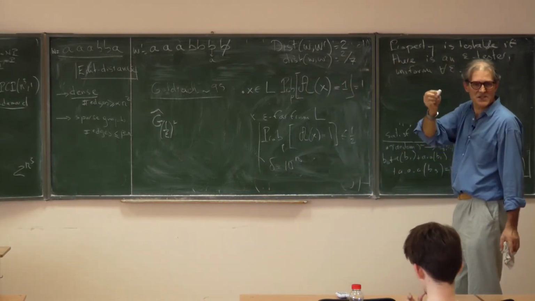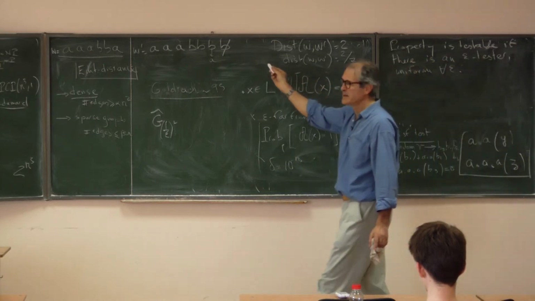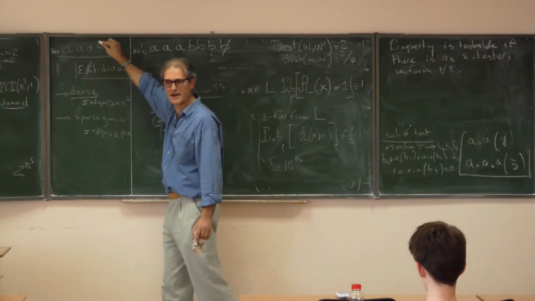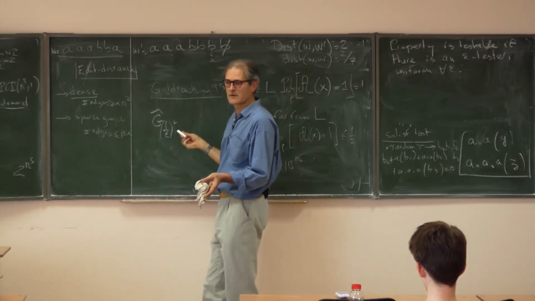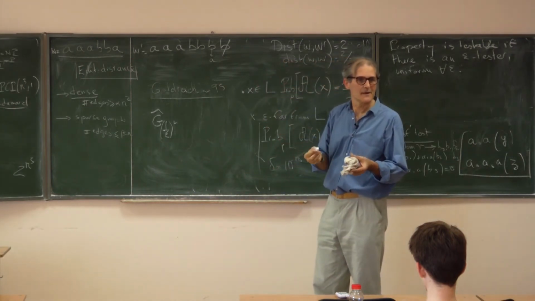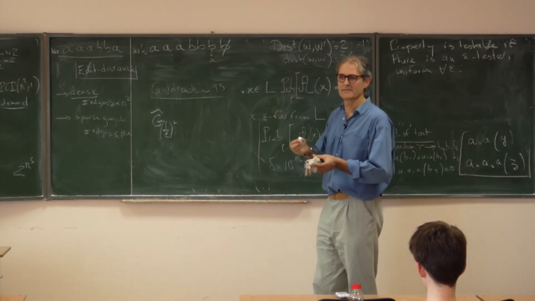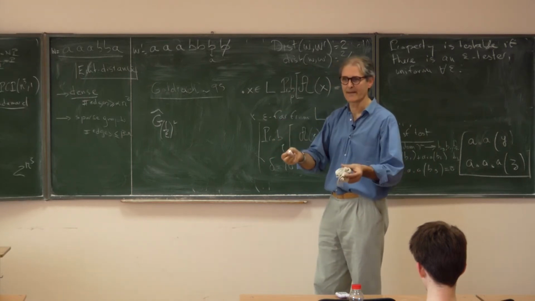The advantage of the edit distance is that you can compare words that don't have the same length. Usually people compare this distance to Hamming distance. The classical Hamming distance assumes that you have the same length.